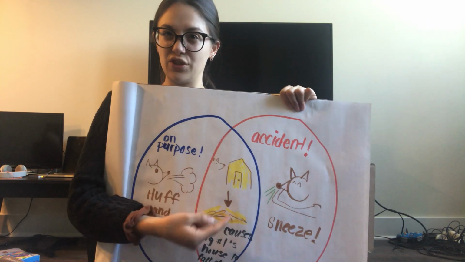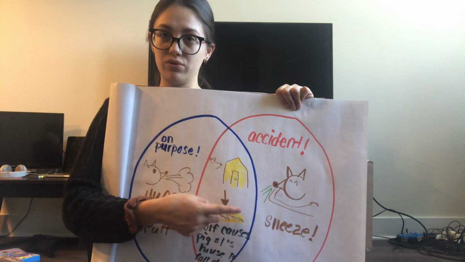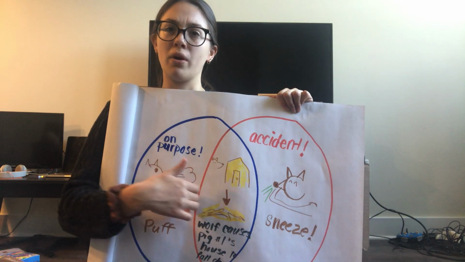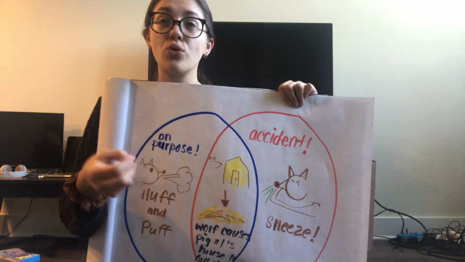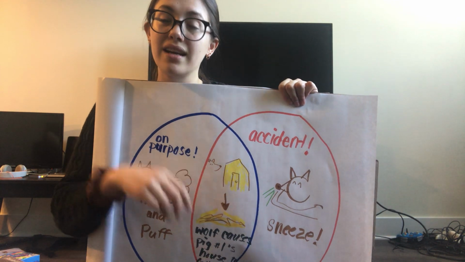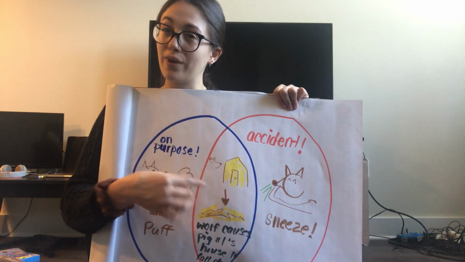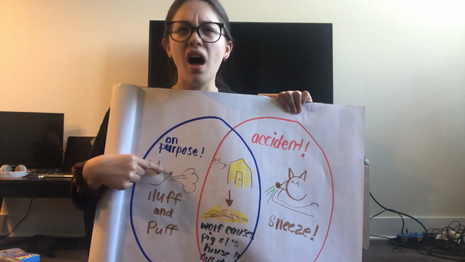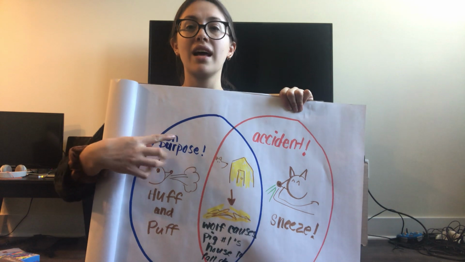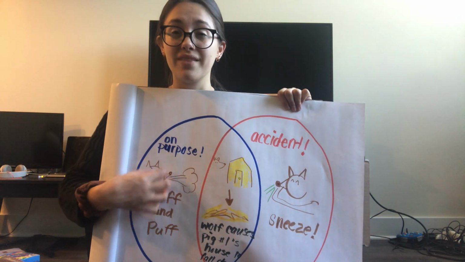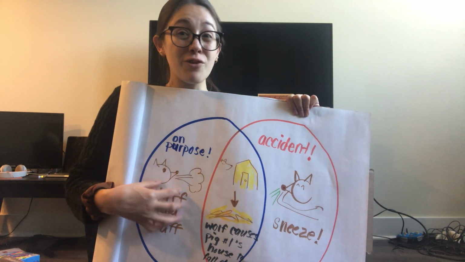And then that gives us information on the characters. So the same characters are involved here. There's a wolf in both stories, and there's also the pigs in both stories. But their characteristics or their personalities, who they are on the inside, that changes, right? And this side of the story goes, I'll huff and I'll puff and I'll blow your house down, plot. And that shows us that he is a bad, evil character.